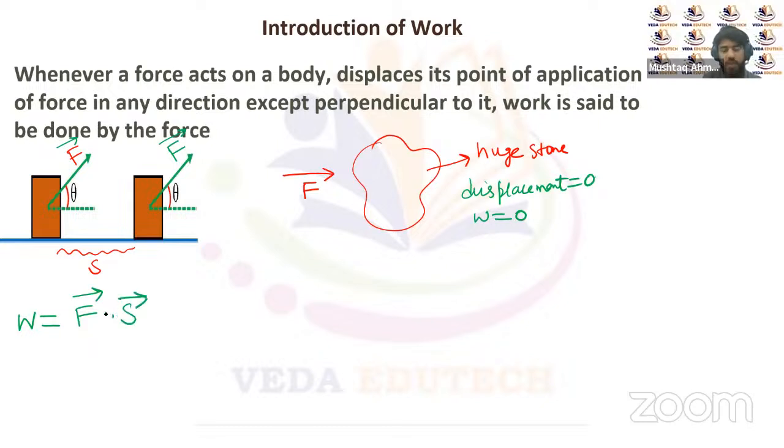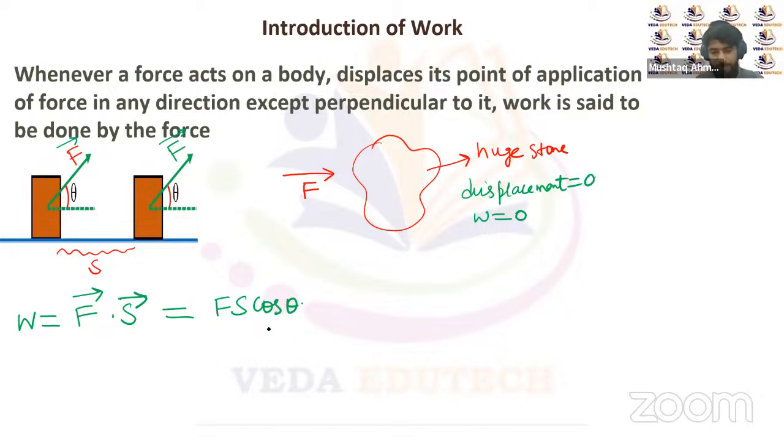It's given by F dot S. So work done mathematically is defined as the dot product of force and displacement, or we can write it as F S cos theta. So work done by a constant force is the dot product of the constant force vector and the displacement vector. That will give us the net work done by this force.